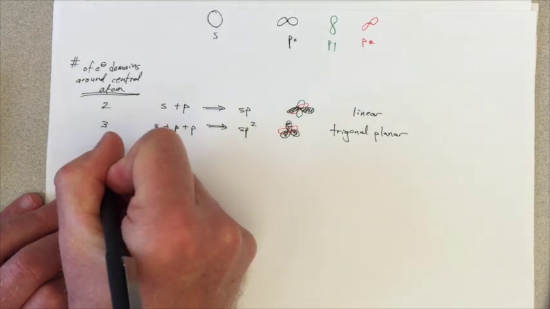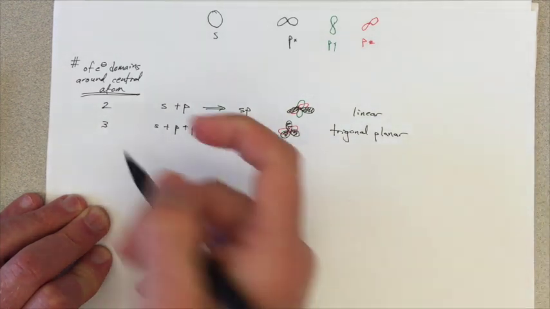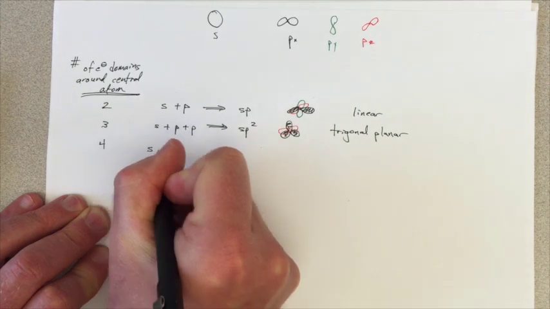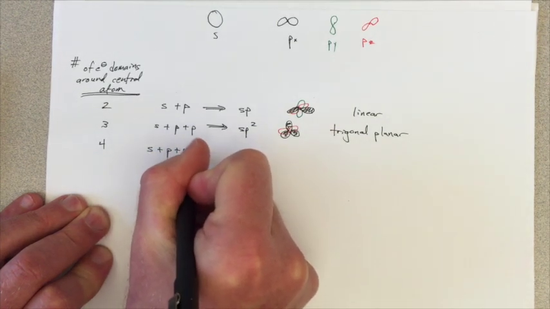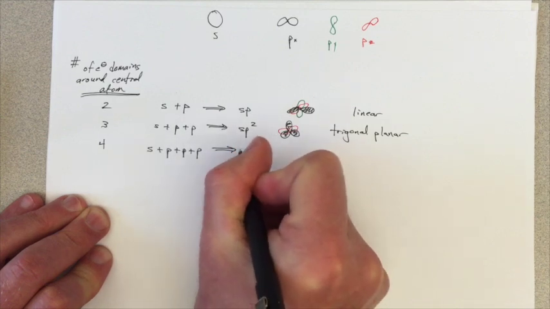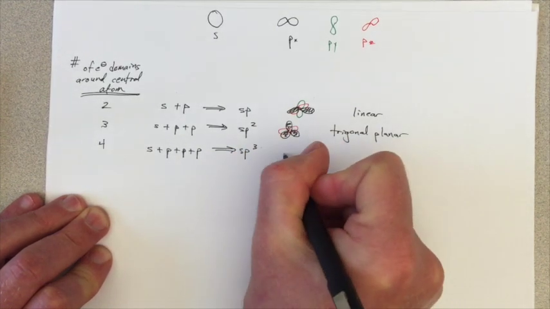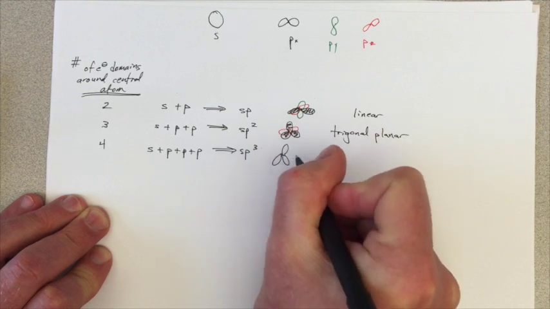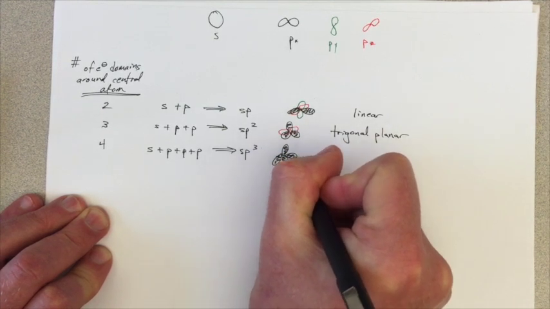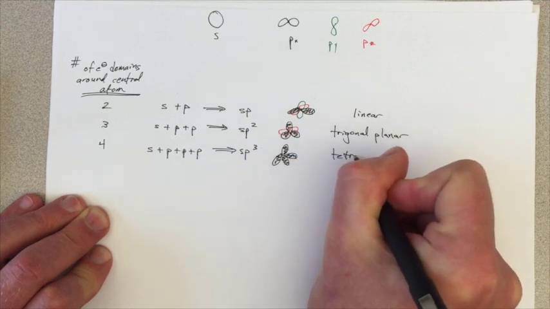Okay. If we have 4 electron domains, this is very common in organic molecules, then we're going to form an sp3 hybrid orbital, and the shape of the sp3 hybrid orbital is tetrahedral.